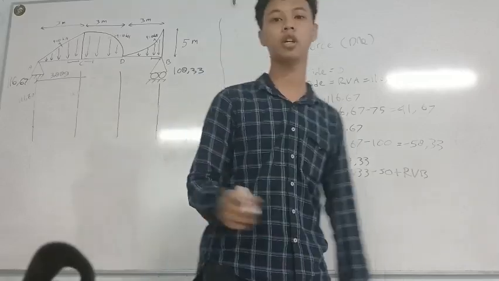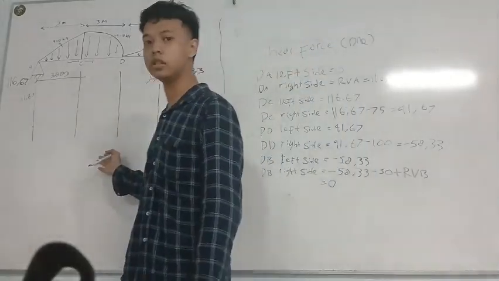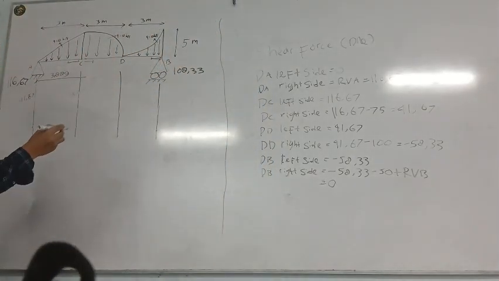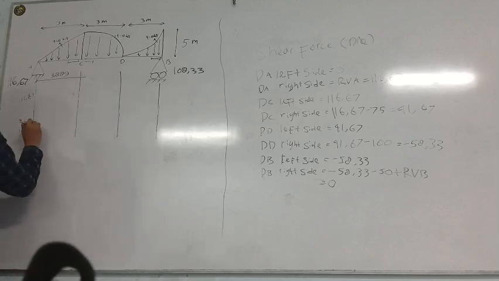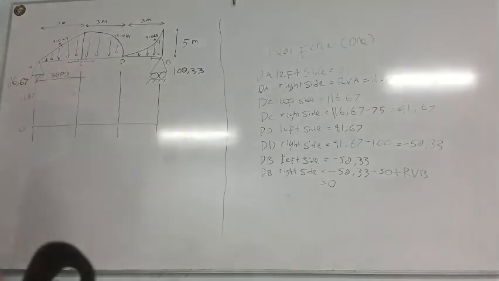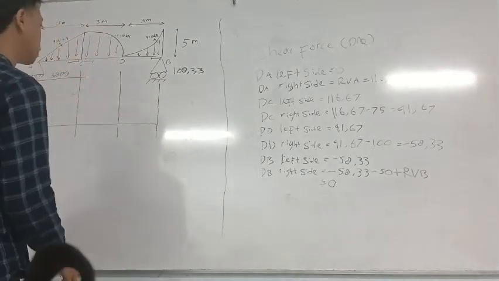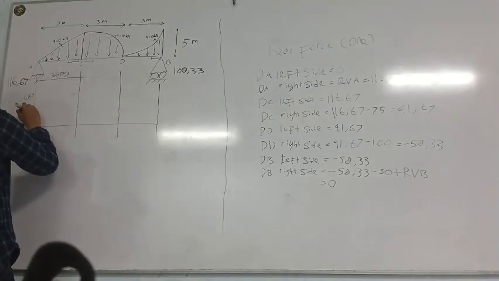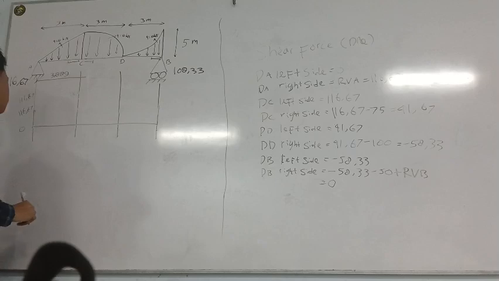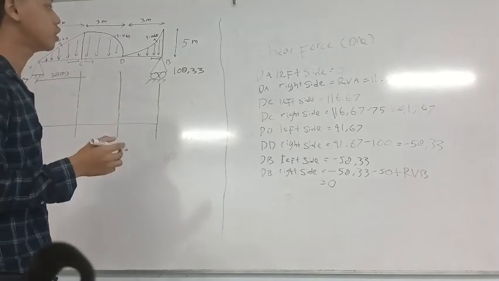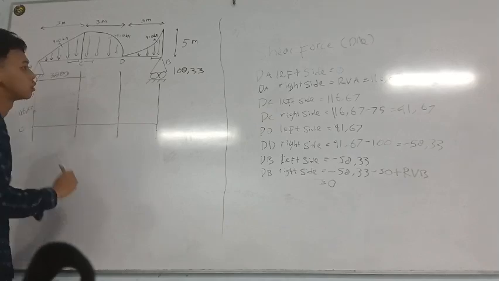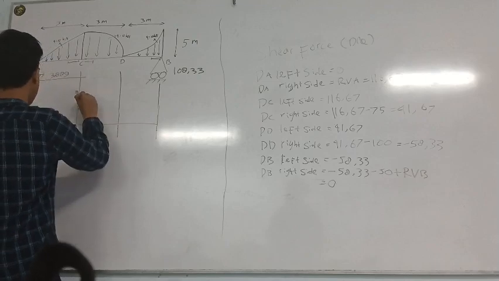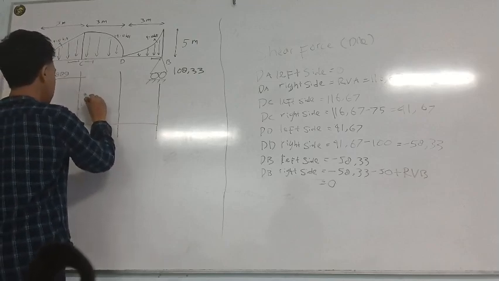So if we draw the diagram on this list, we have TA left side in here equal to 0, and TA right side, the answer is 116.67, and DC left side is equal to TA right side, 116.67.